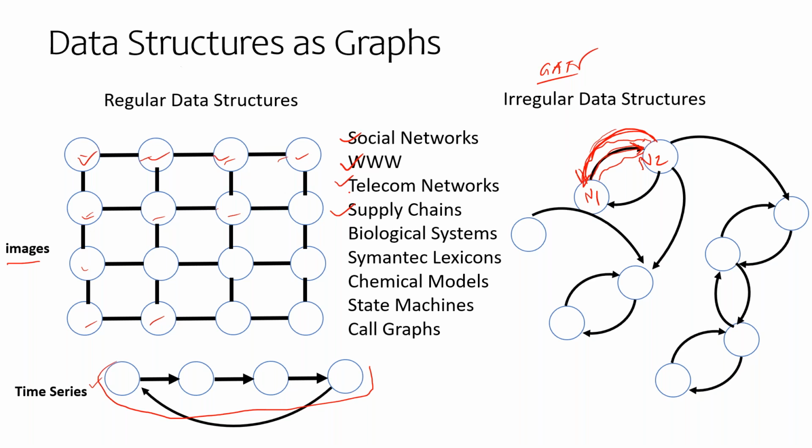Telecom networks, supply chains, and biological systems, where chemical formations of the molecules change based on reactions or molecule interactions, those kinds of things are tracked using graph neural networks.